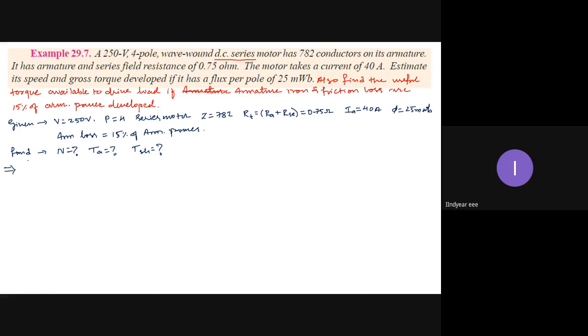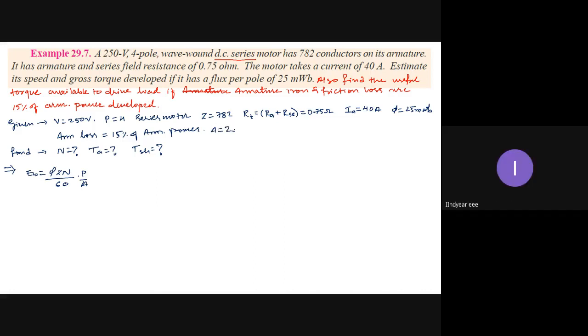Solution, the same equations will be used. So I have EB is equal to PZn by 60 into P by A. And here it is wave wound. So when it is wave wound, my number of parallel paths are 2.